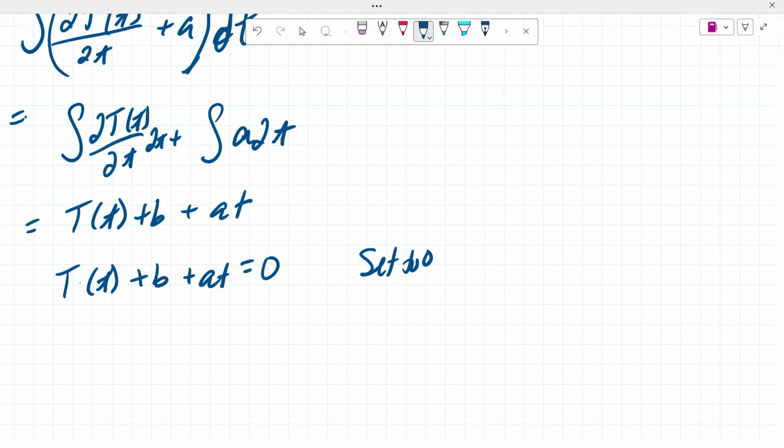When we come out of doing this, it's pluses, and we set it equal to 0. Yeah, okay, those should be pluses. This is true if and only if a equals 0 and b equals 0.